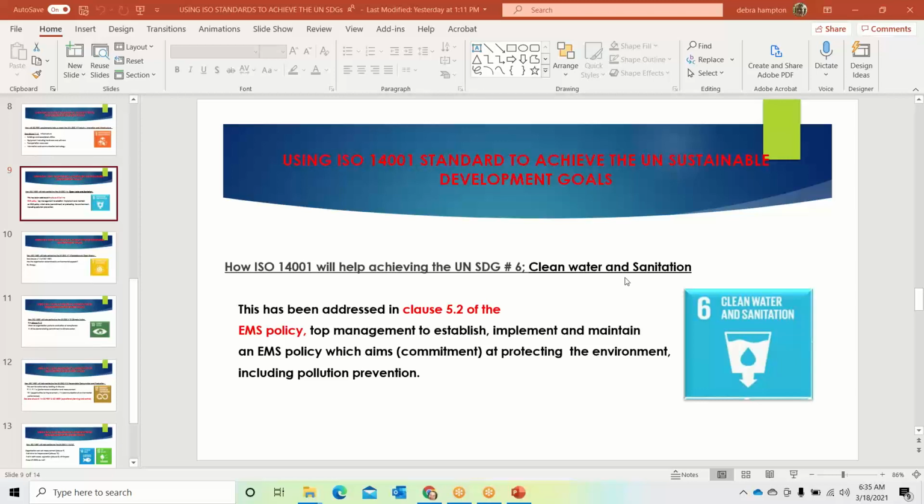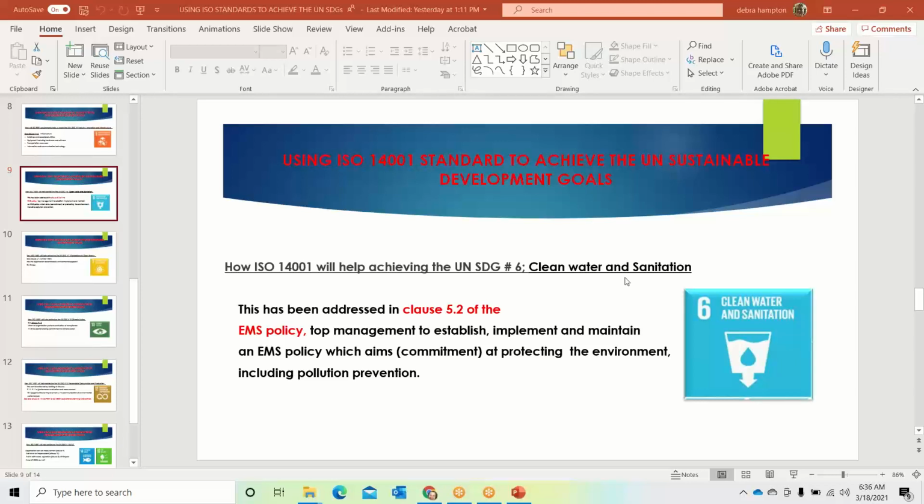And this clause 5.2 has to do with the environmental management system policy, that is, the environmental policy. In this clause, it is mandatory for the management to express commitment to protecting the environment.